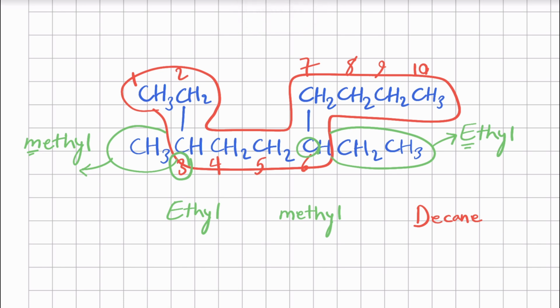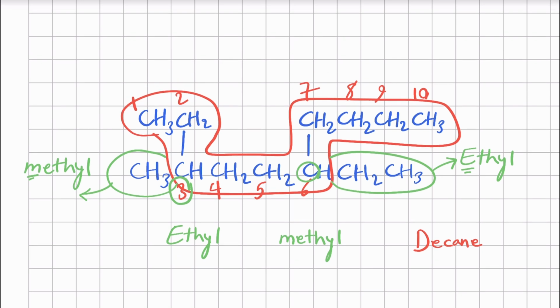But why? Look, when we have other groups, such as methyl, ethyl, or anything else connected to the main chain, we call them substituents. We start numbering the main chain from the direction in which we reach the first substituent sooner. Here, if we start from this direction, our first substituent would be on carbon 3.